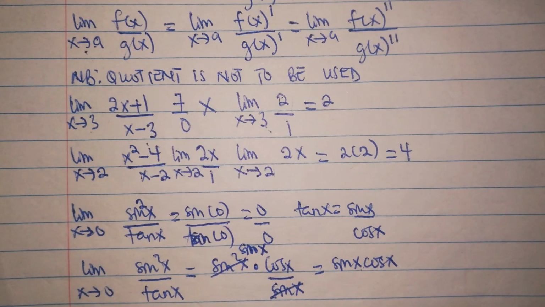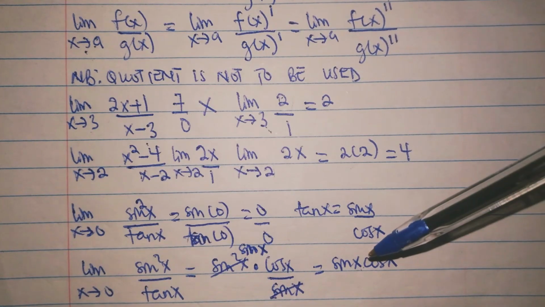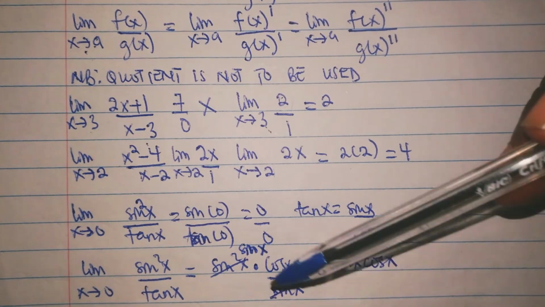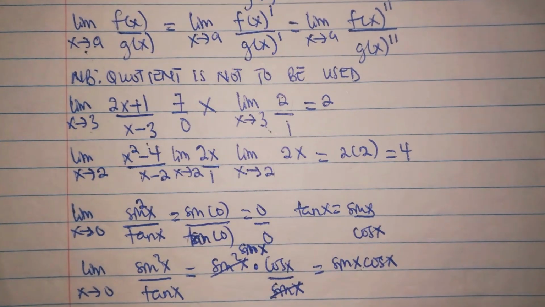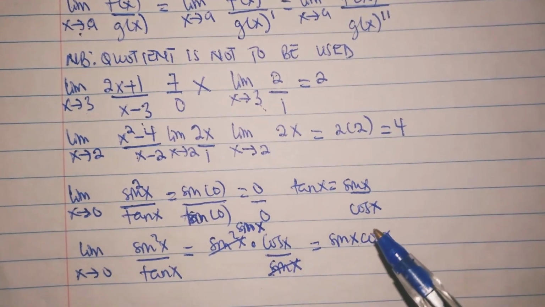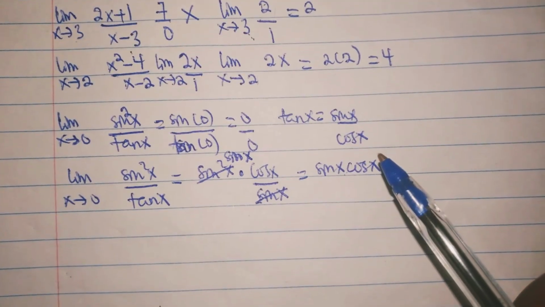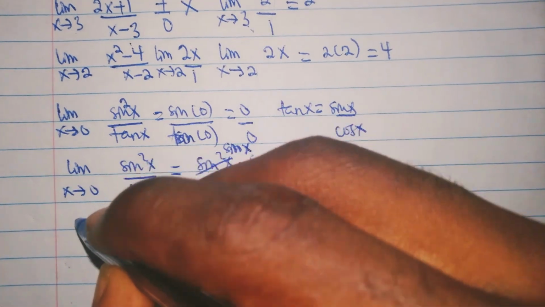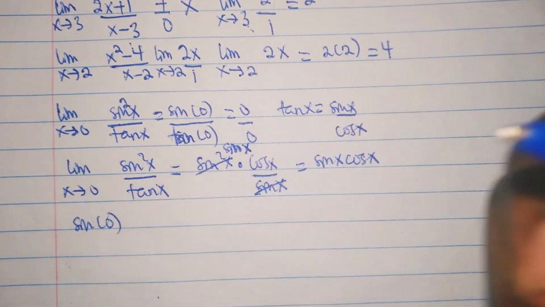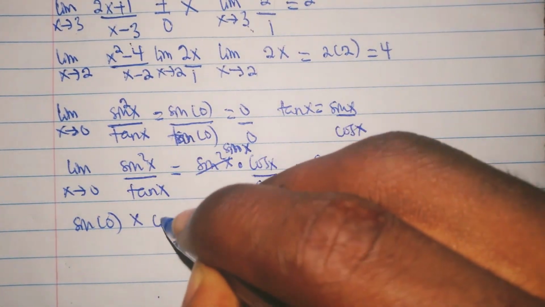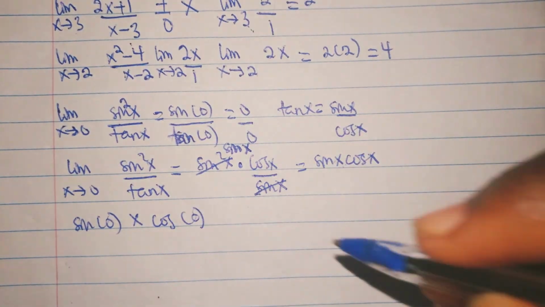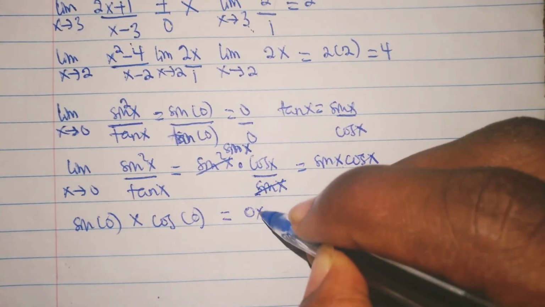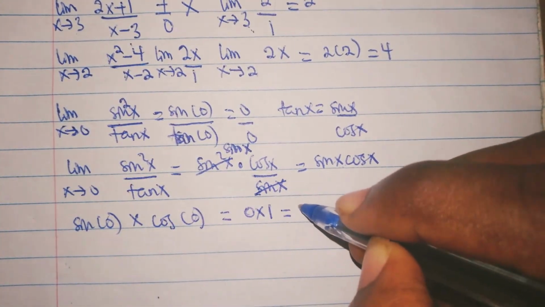Now after we've gotten sine x cos x, you can see if you substitute the 0 directly into what you've gotten so far, we are going to get sine of 0 multiplying cos of 0, which is 0 times 1, which is 0.